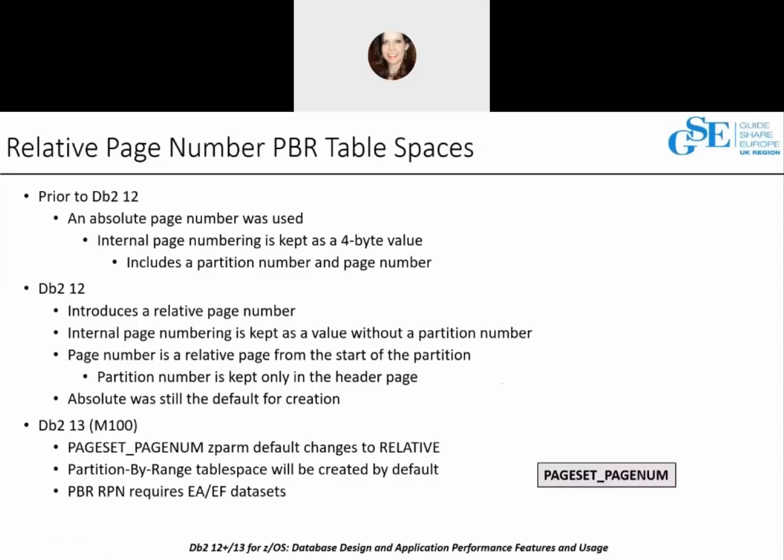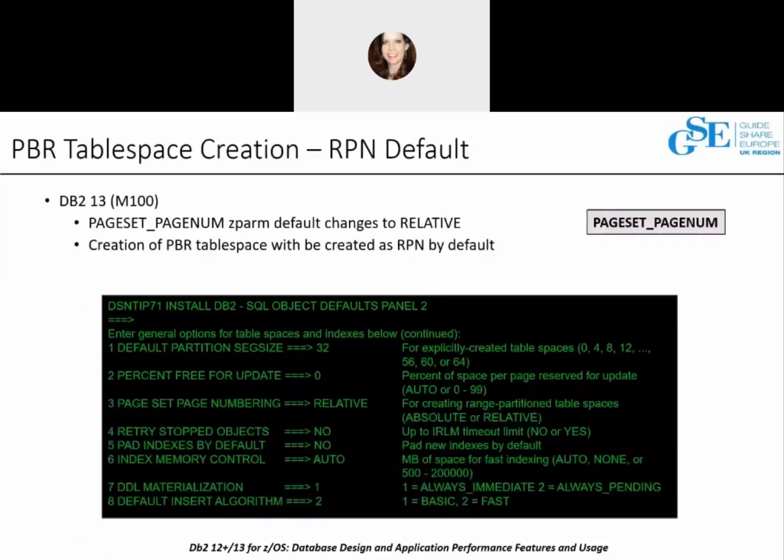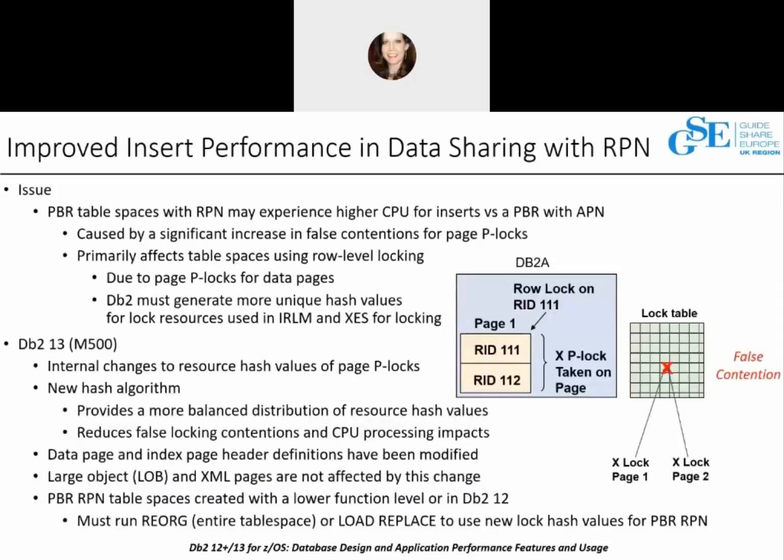One thing to keep in mind is that relative page numbering does require you to have extended addressable, extended function data sets available. You can also see here in the installation settings on this panel that relative is now the default for your page sets.